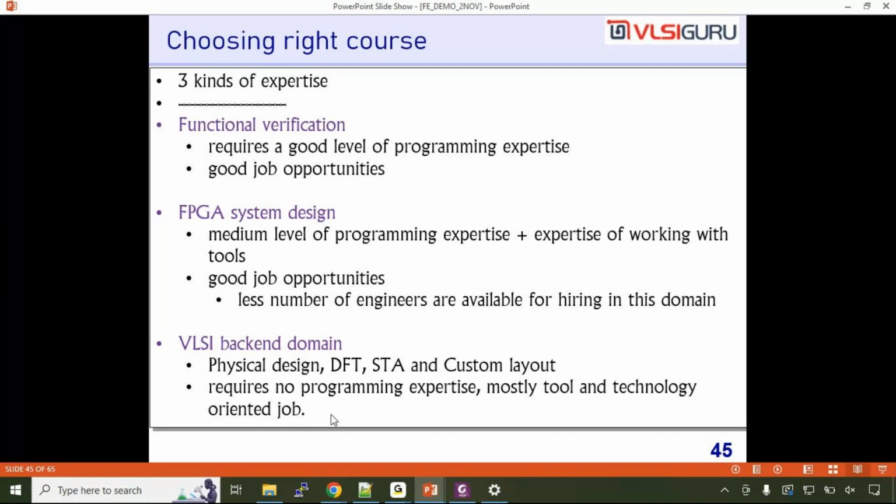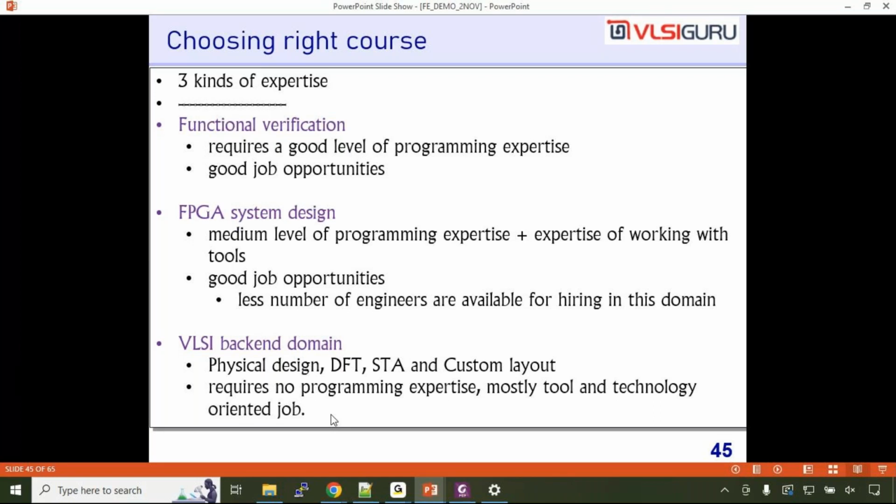So these are the three decision making options. Basically, you would start off with analyzing your own skills. If you feel that you are comfortable with programming, you can take front-end domain courses. If you don't like programming at all, you go for a backend domain course. Somewhere in between, you're okay, a little bit of programming I can do, then you can go for FPGA system.